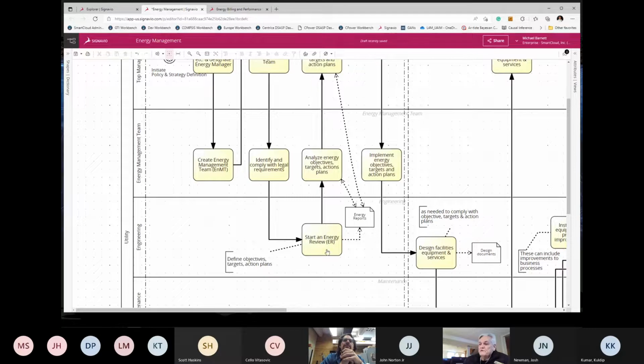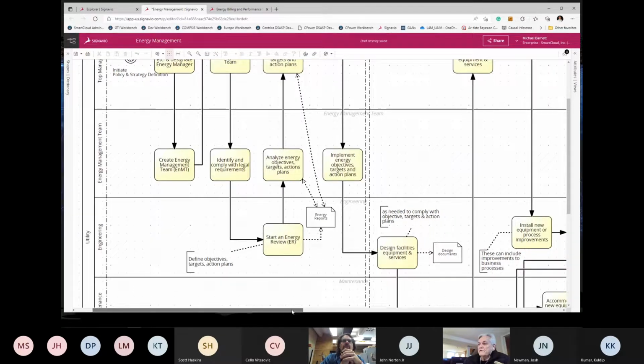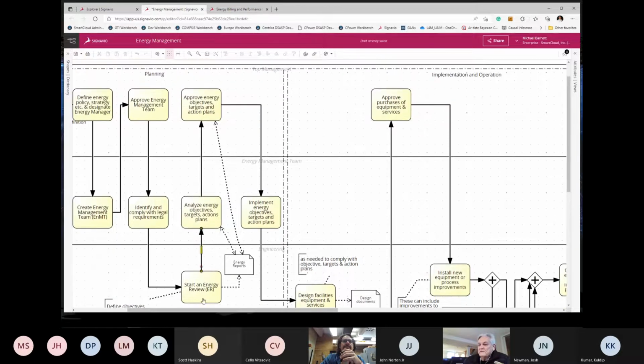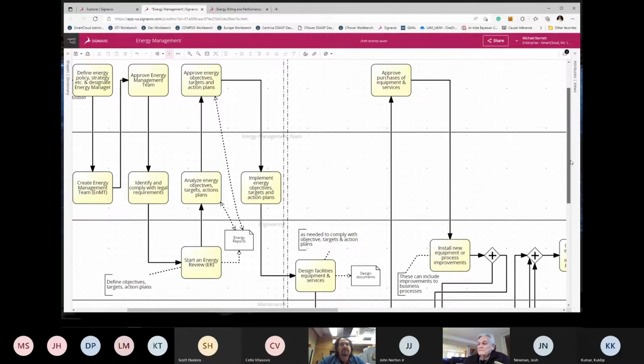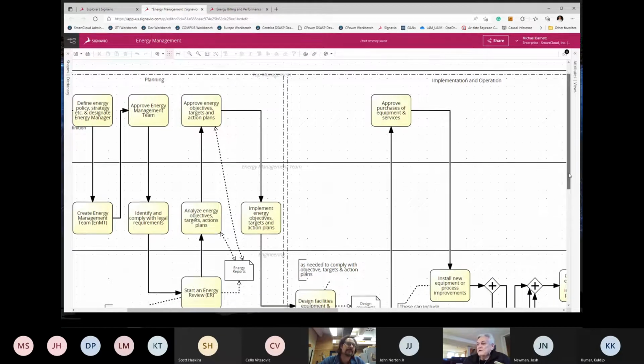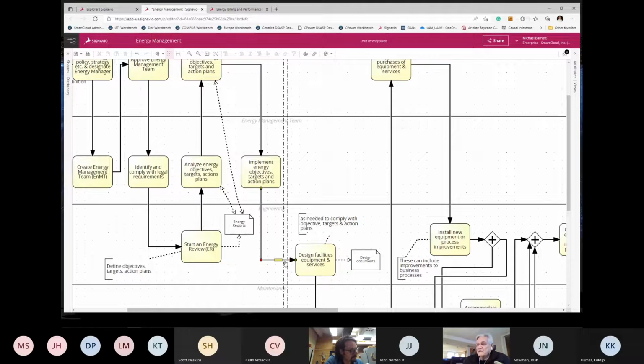And then they start an energy review, this acronym ER. Once that's done, then it goes back to the energy management team. They analyze the objectives, targets, and action plans. Management approves that. Then they implement the objectives, targets, and action plan. So their strategy gets implemented. And here, then, we've hit the first stage gate, which is a milestone here. And we could indicate that with a little event when that planning phase is done.